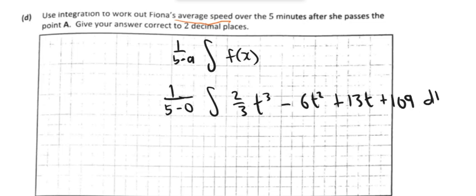We're integrating it with respect to t. So we get 1 over 5 outside.